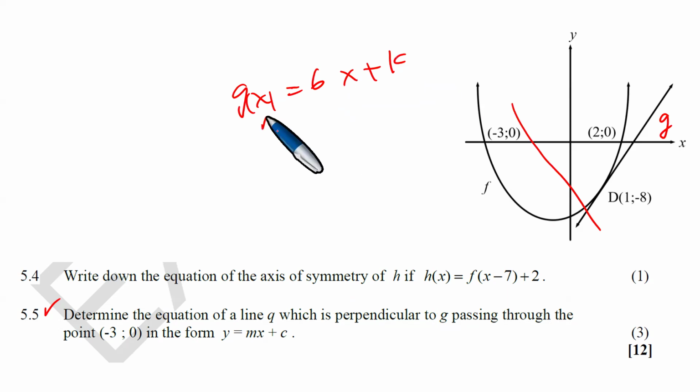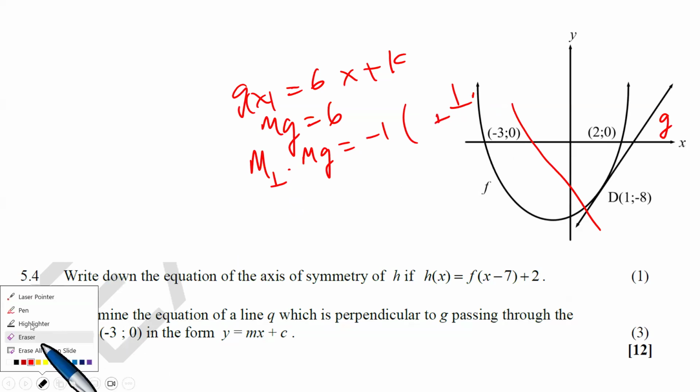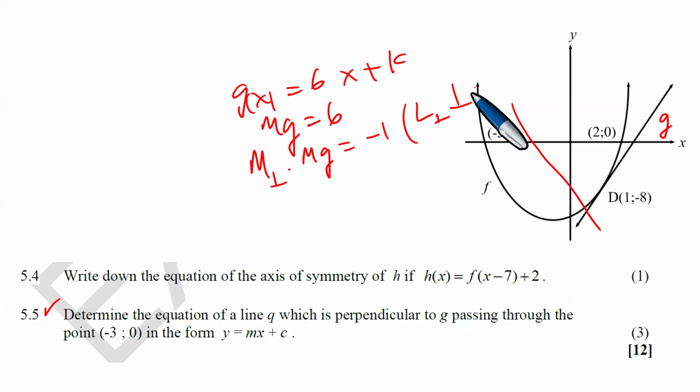And this gives us the gradient of G, which is 6. So the gradient of a line perpendicular to G must be -1 divided by the gradient of G, because the line is perpendicular to G. Now, what is the gradient of the perpendicular?